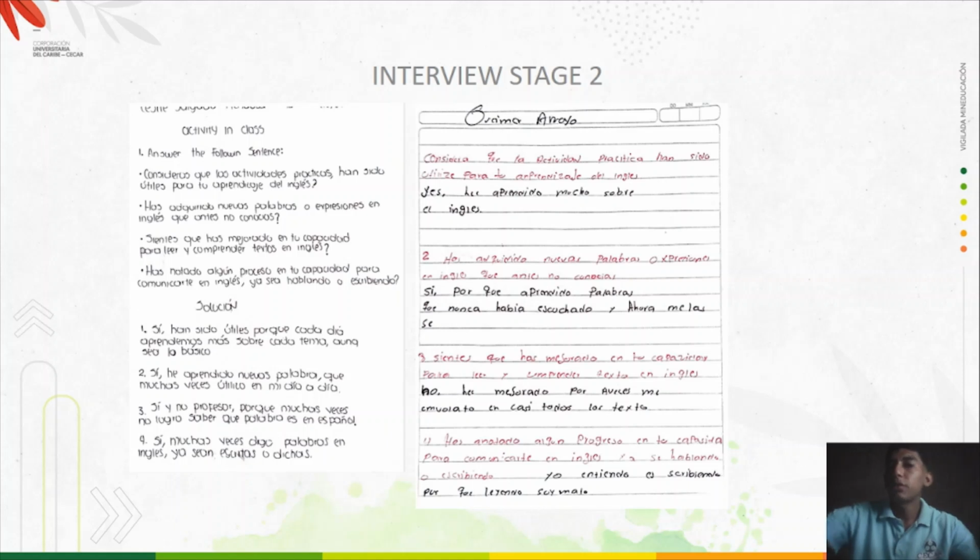This part is about step number 2, after number 1, when I applied my methodology, and the young person says in this example, yes, sí han sido útiles porque cada día aprendo más sobre cada tema, aunque sea lo básico, dice.